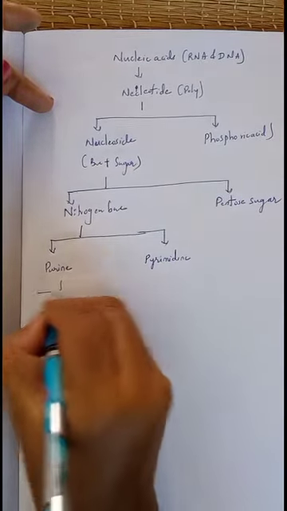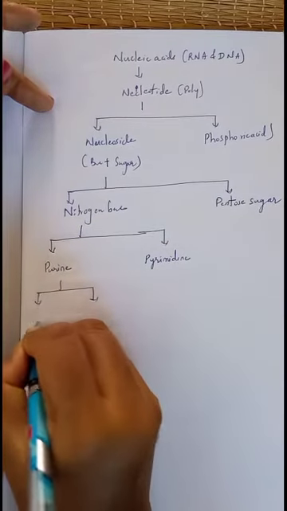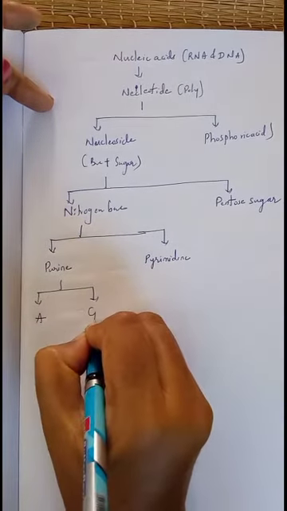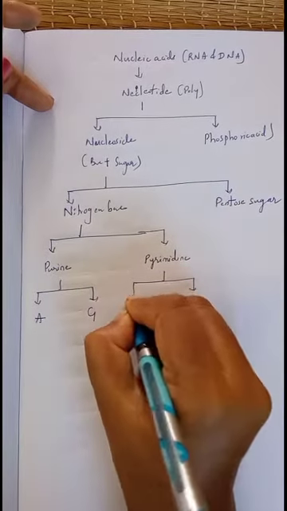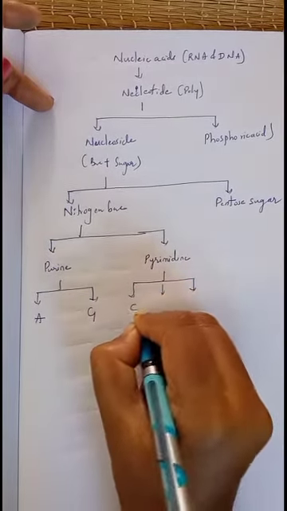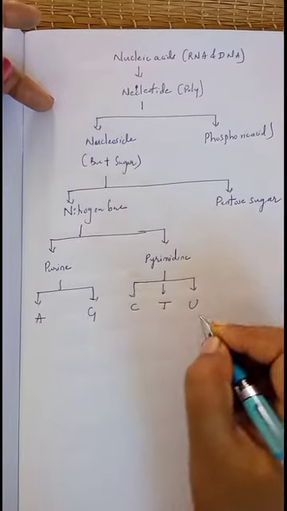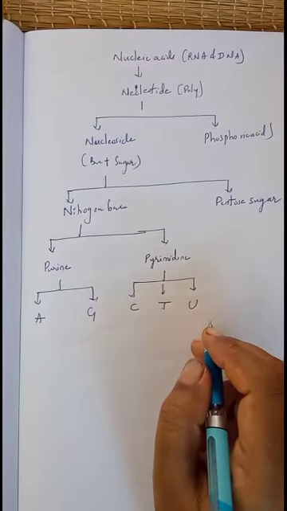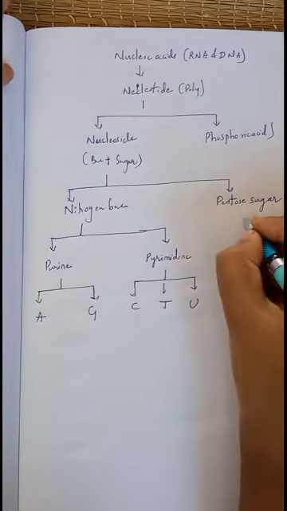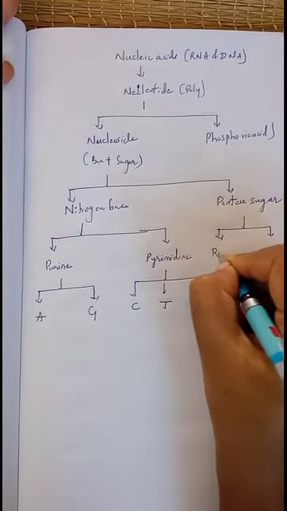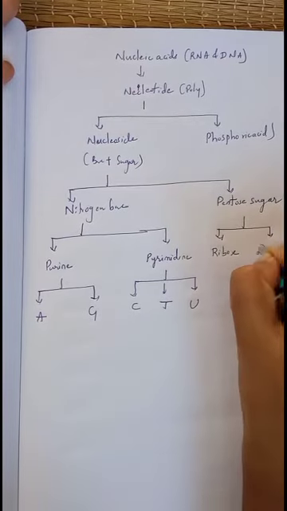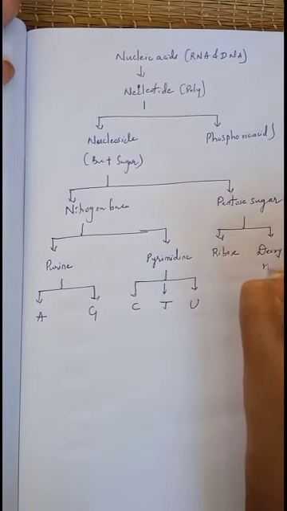Okay, there are two types of purines, adenine and guanine. There are three types of pyrimidines, cytosine, thymine and uracil. In the same manner there are two types of pentose sugars. First one is ribose, next one is deoxyribose.